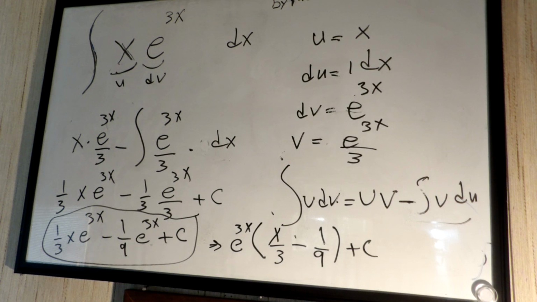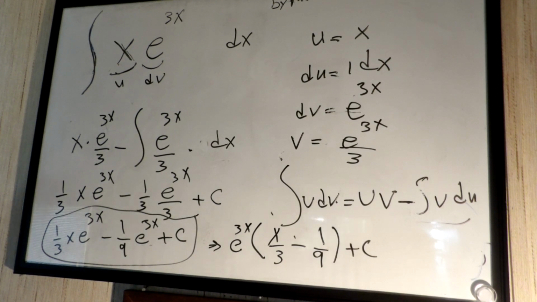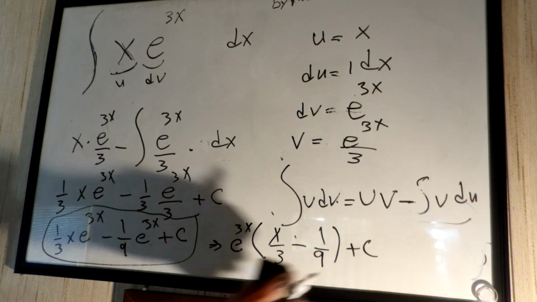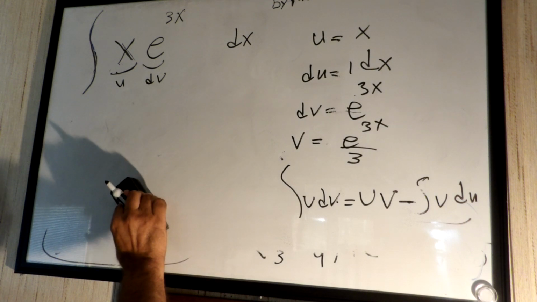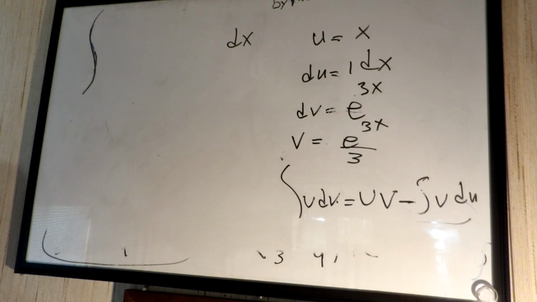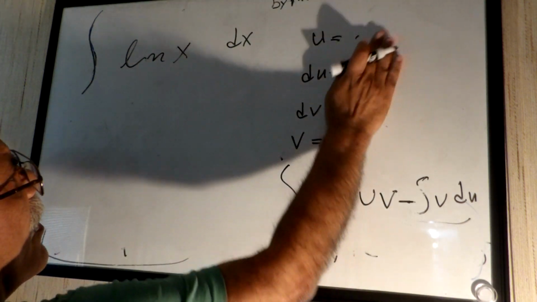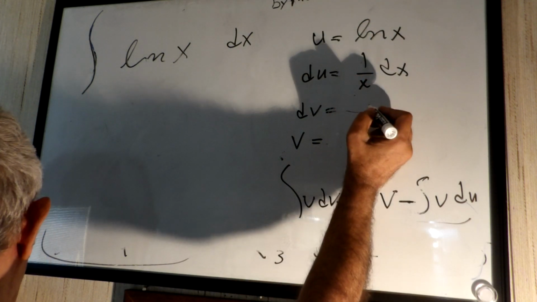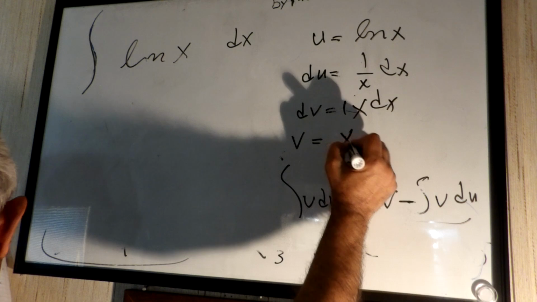Try this one. We don't have much time, but let's do one more. ln x dx. u is going to be ln x, and then du is going to be 1 over x dx. dv is 1 dx, and v is x.